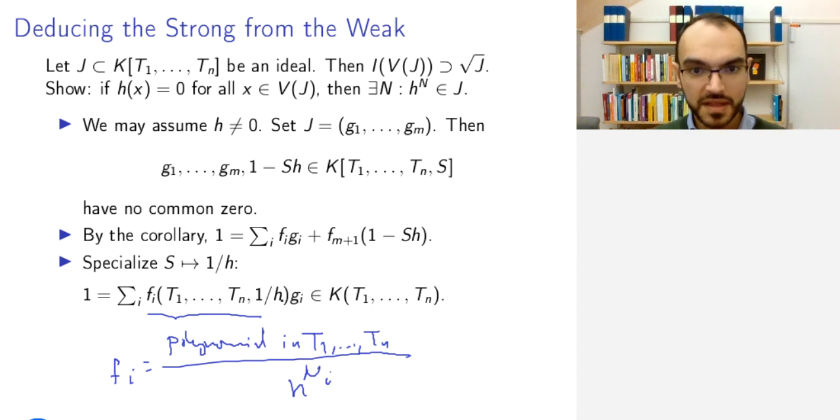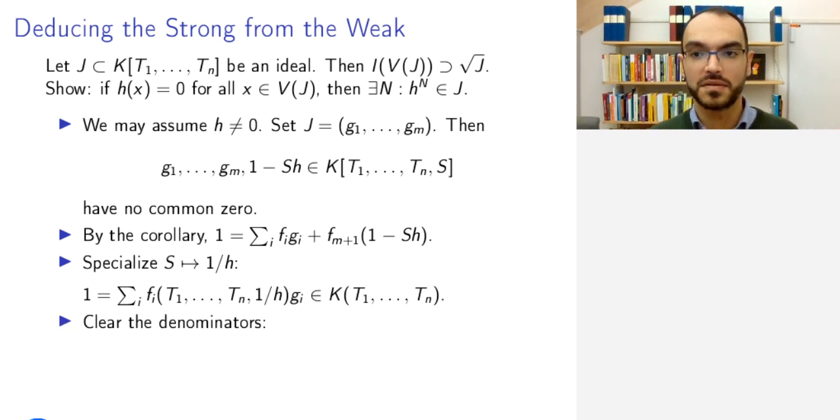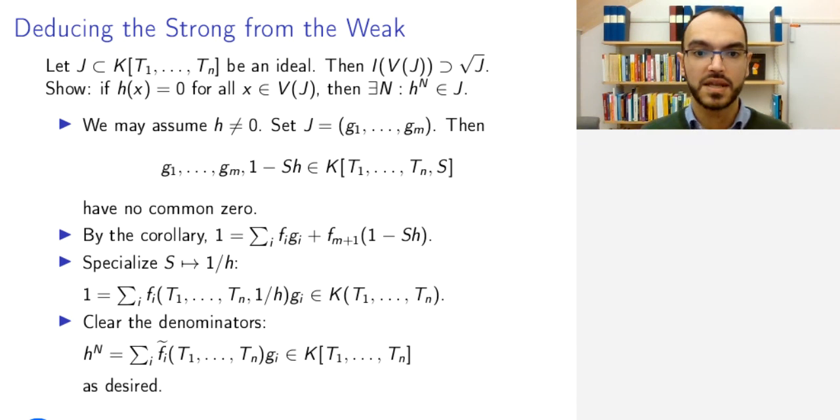Because h is itself a polynomial in the t1 to tn, so we just put everything on a common denominator, and then we get some power of h. And since we have finitely many polynomials, we can multiply everything by a high enough power of h to clear the denominators. So then we get this equality in the polynomial ring.